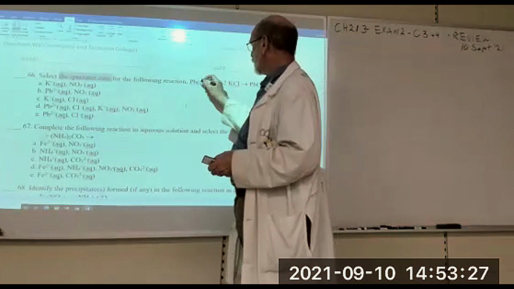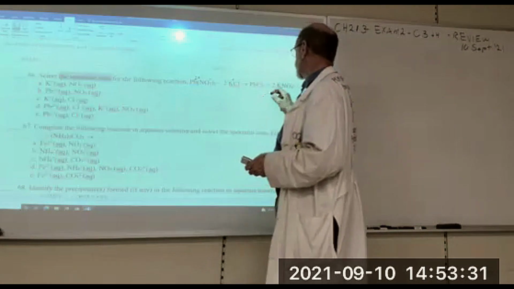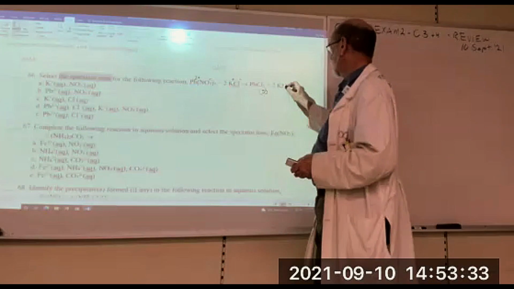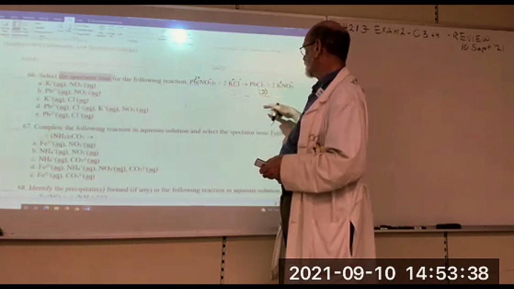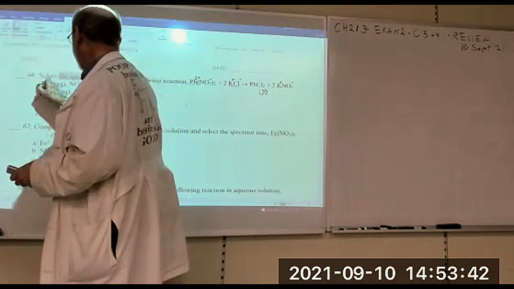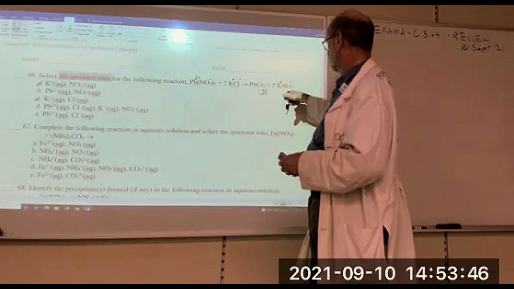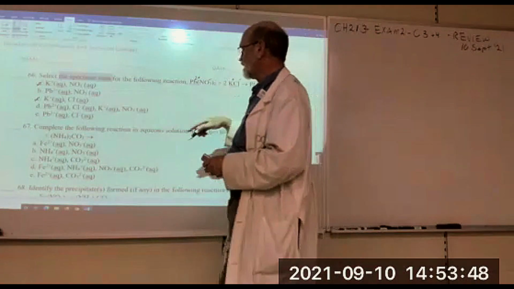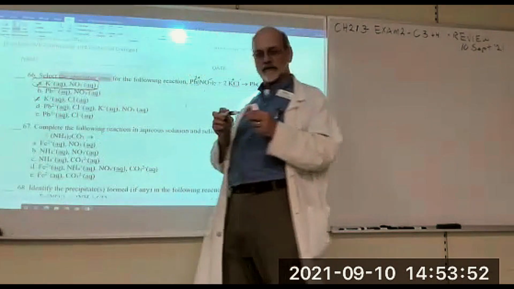This ion, 2+, that's 1-, this is 1+, that's a minus. This is a solid, and this is a plus, and this is a minus. So there's potassium on both sides, that's a spectator. Right? So it's either this one or that one. And nitrate is a spectator. So it's this one right here.